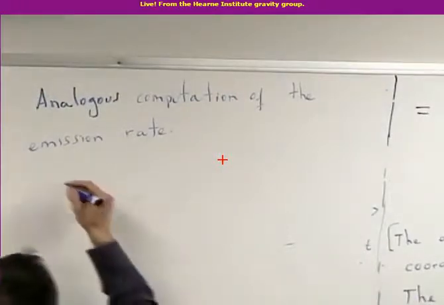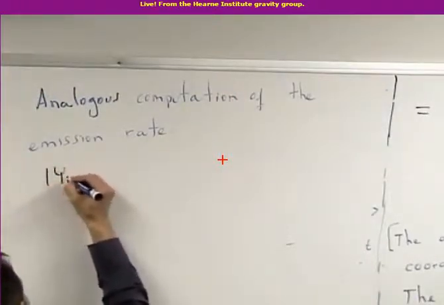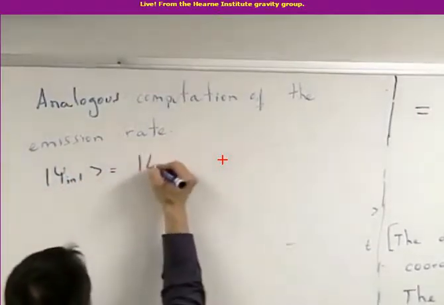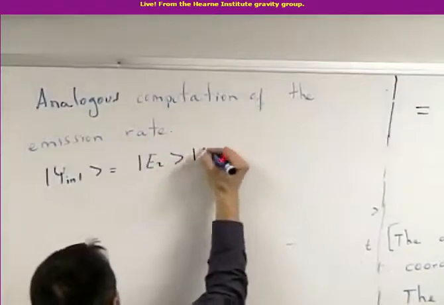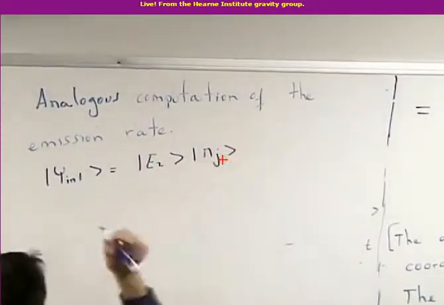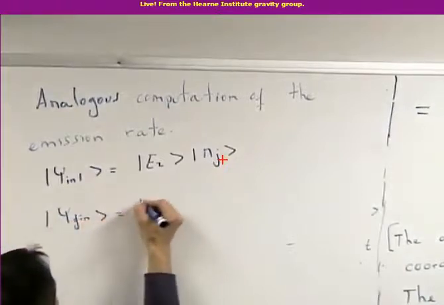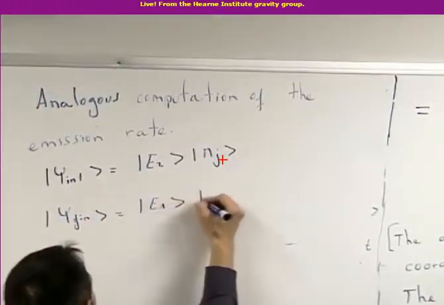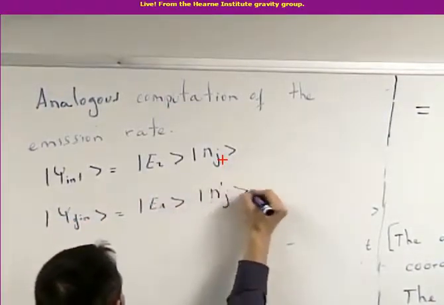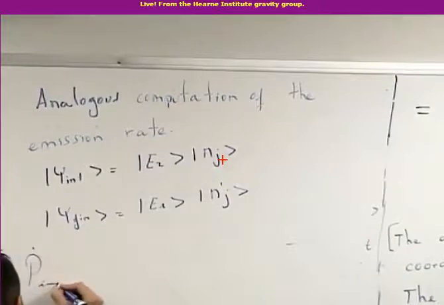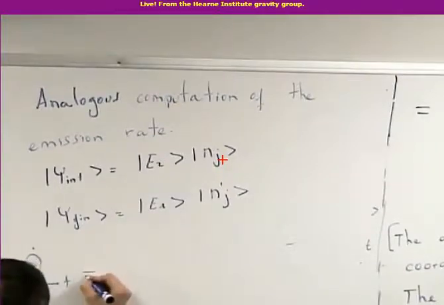For the emission rate, we have as the initial state an excited detector with some particles in the field, and for the final state, we have the ground state. I'm not going to repeat the computation. If you do it yourself, you are going to get something very similar.